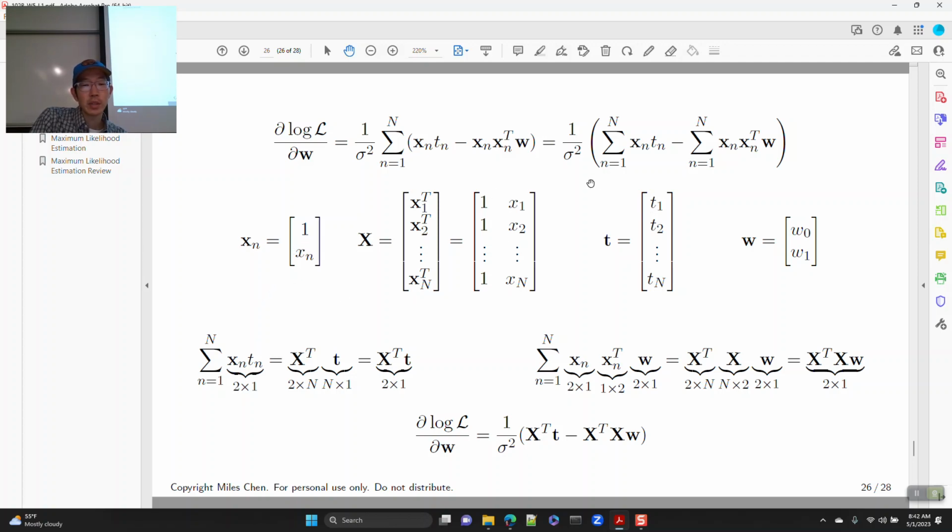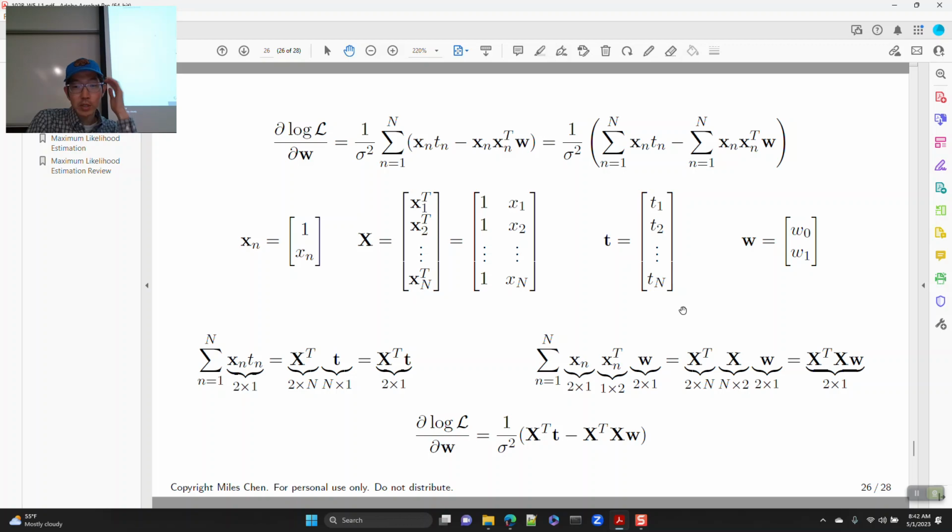We can say, oh yeah, I'm going to take t1 times 1 and x1, and then t2 times 1 and x2, and then t3 times 1 and x3. Is that the same thing as doing this times this? And it is, right? If you take x transpose and multiply it by t, it's going to be t1 times 1 and x1, and t2 times 1 and x2. So all of those terms align, and this computation makes sense, okay?